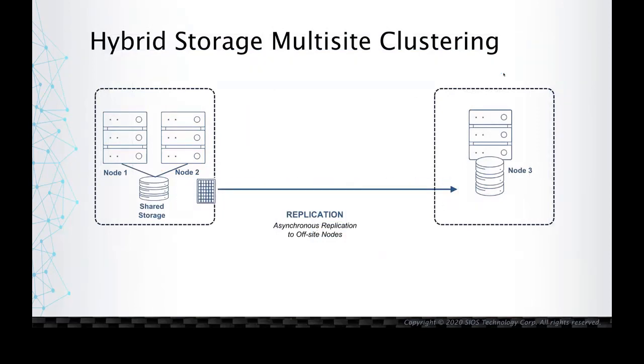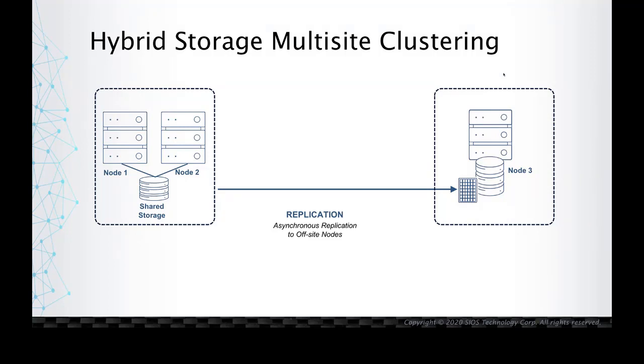Now, DataKeeper can also work if you have an existing shared storage cluster and you're happy with it, but you're looking to extend that cluster off-site for disaster recovery. You can do that using SIOS DataKeeper, and the software would be running on all three nodes here.